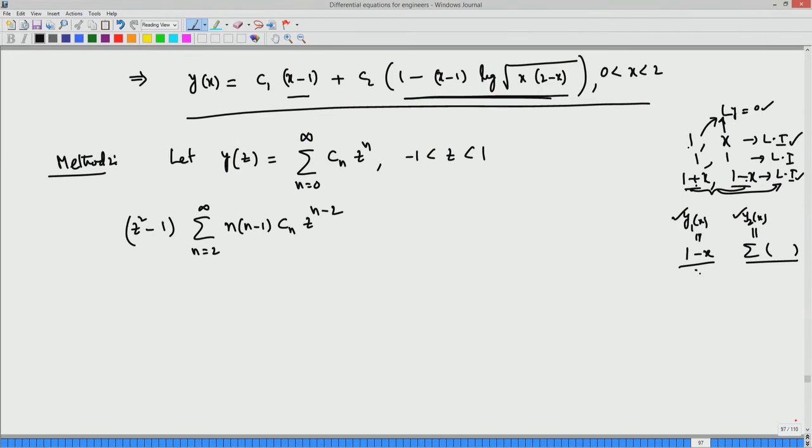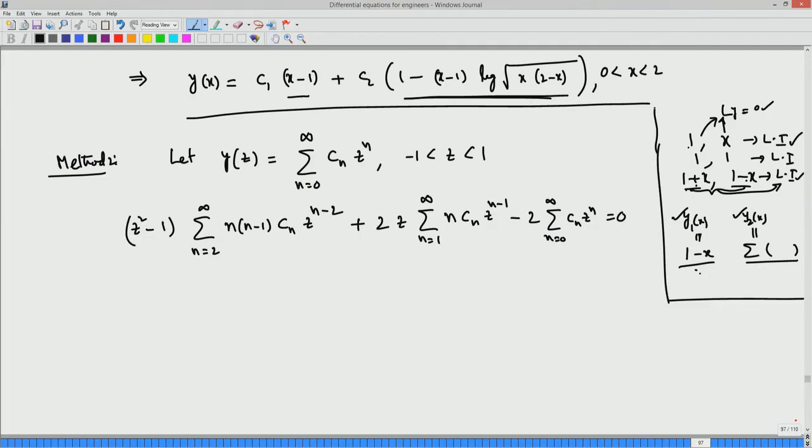So, this is what you will get from the two derivatives of y, plus 2 z dy by dz, which is sum n from 1 to infinity n C n z power n minus 1, minus 2 y. 2 y is simply C n z power n, n from 0 to infinity, equal to 0. This is what happens when you substitute your power series solution into the equation.